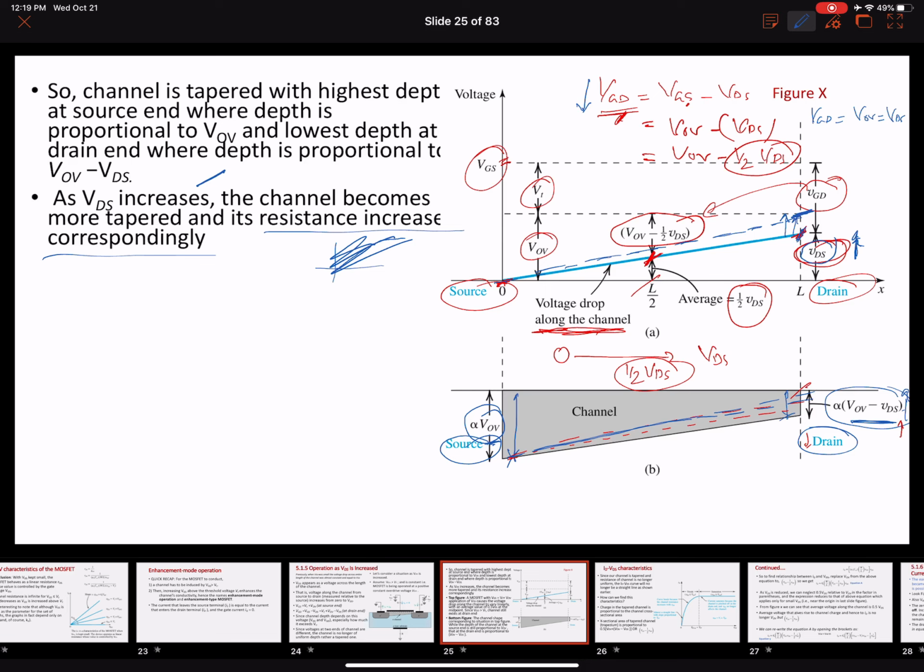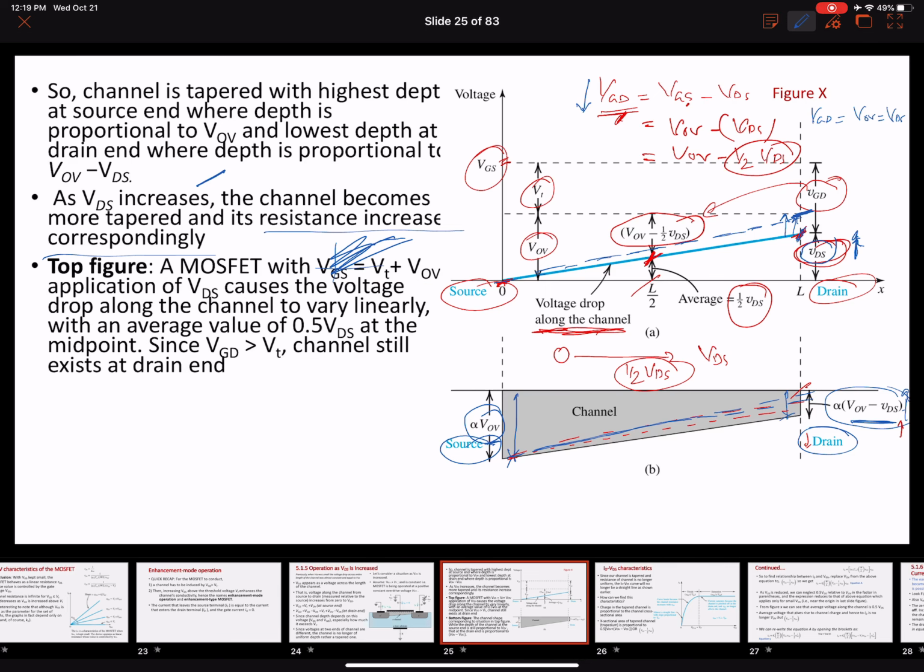Okay. So right now we just talked about the tapered channel. The top figure is our VDS equal to VOV. Application of the VDS causes the voltage drop along the length of the channel to vary linearly with an average value of 0.5 VDS, right? So along the length of the channel, this is the voltage drop due to VDS, 0 to VDS. At the middle point, it will be half VDS.